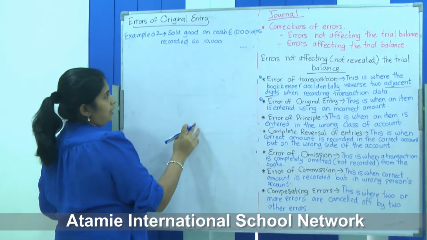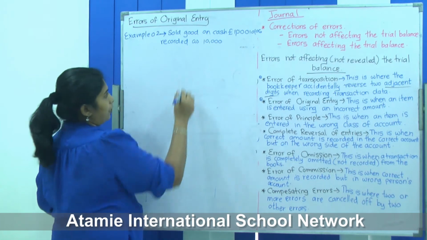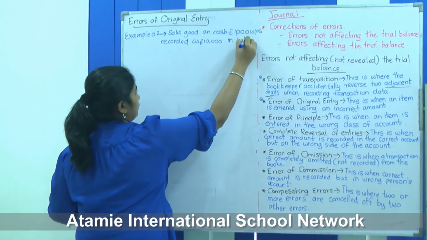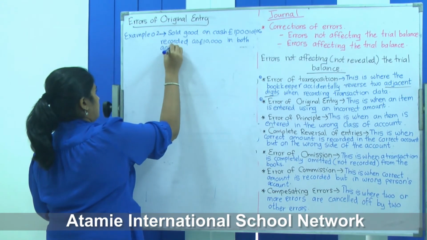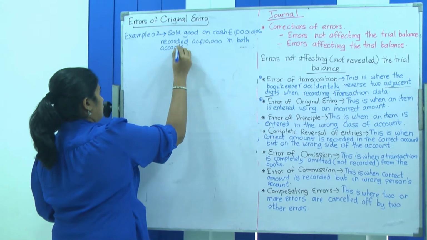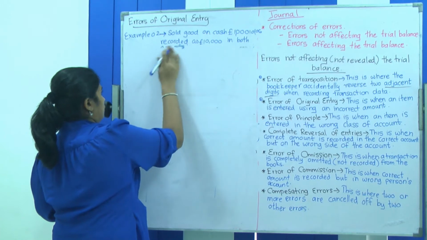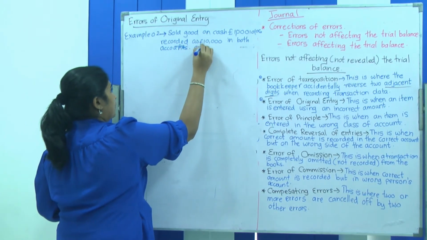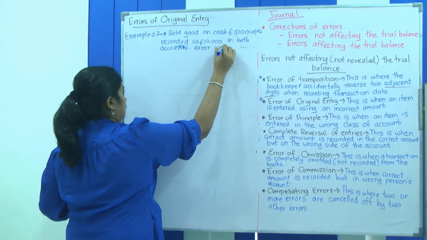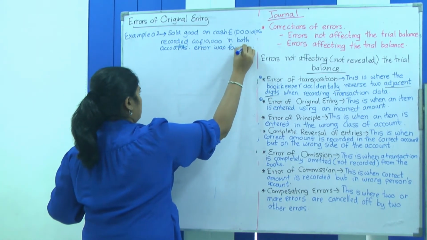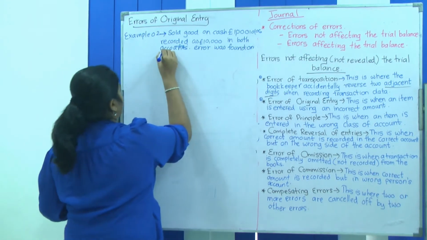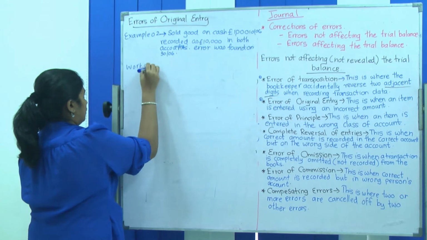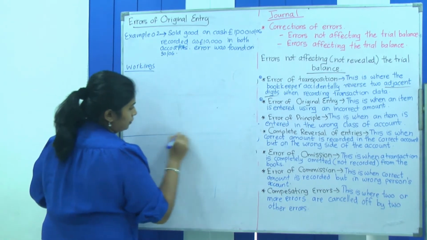Now according to this transaction, 1,000 has been recorded as 10,000 in both accounts, and the error was found on 30th June. Now I'll show you the working and the journal entry.